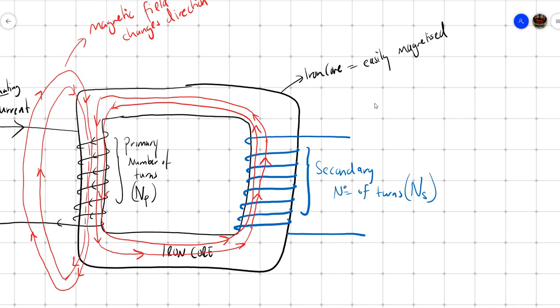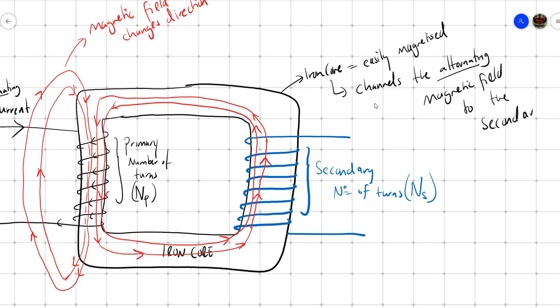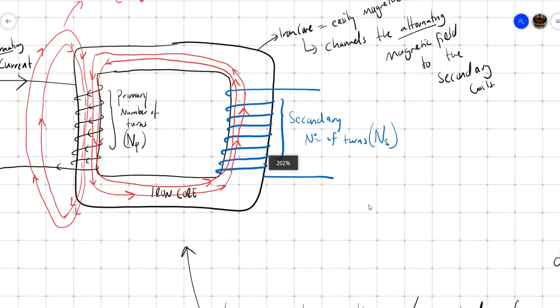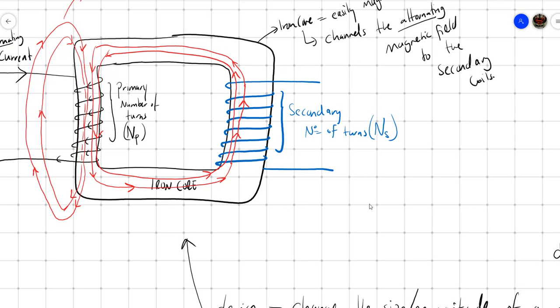So what it does is it channels the alternating magnetic field to the secondary coils. Now we want to know what is going on here.